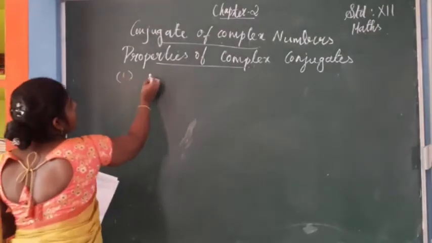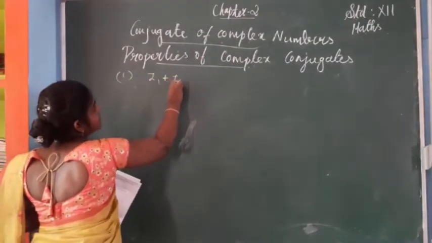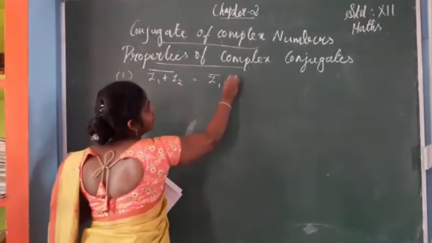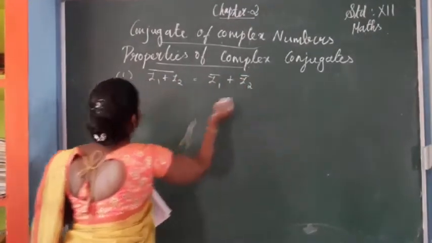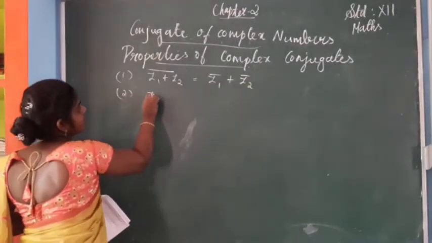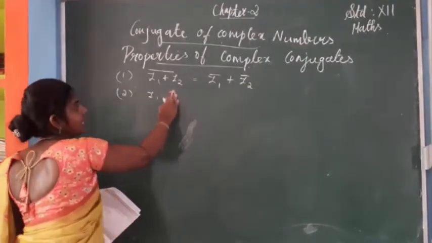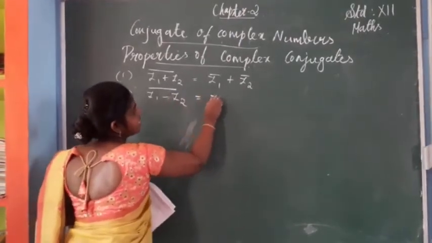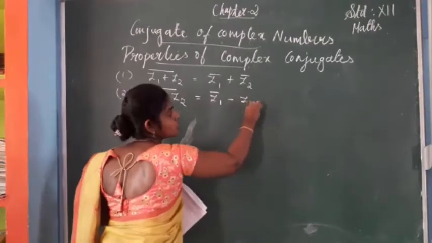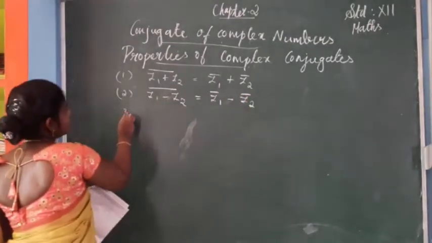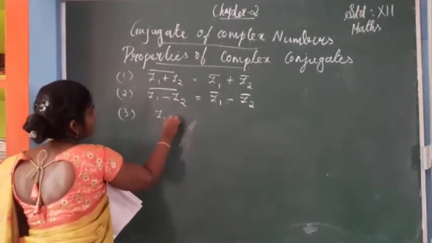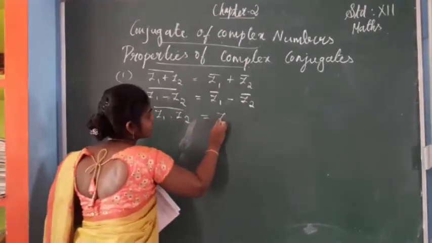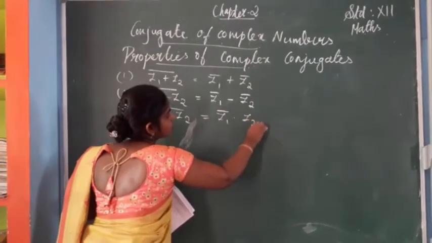First one, Z1 plus Z2 the whole bar is equal to Z1 bar plus Z2 bar. Second one, Z1 minus Z2 the whole bar is equal to Z1 bar minus Z2 bar. Third one, Z1 into Z2 the whole bar is equal to Z1 bar into Z2 bar.